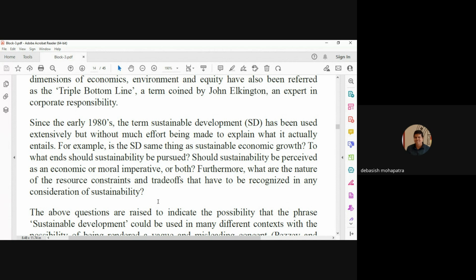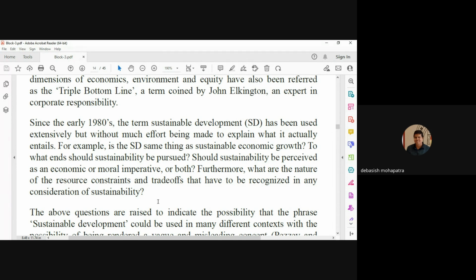Since the early 1980s, the term sustainable development has been used extensively, but without much effort made to explain what it actually entails. For example, is it the same thing as sustainable economic growth? To what end should sustainability be pursued? Should sustainability be perceived as an economic or moral imperative, or both?